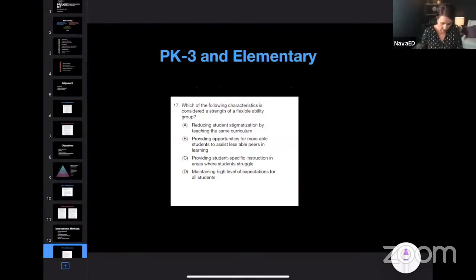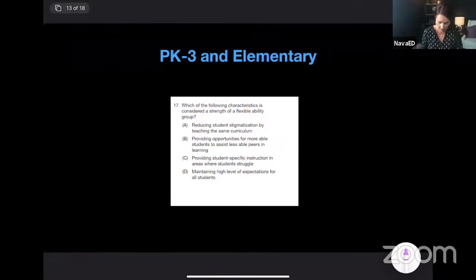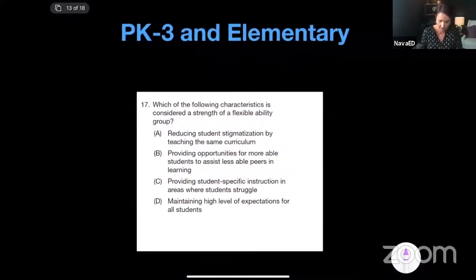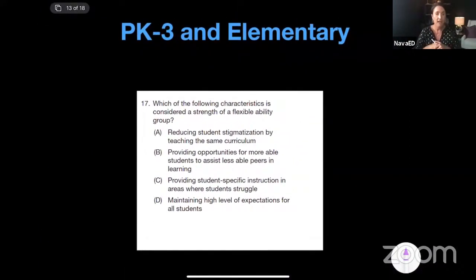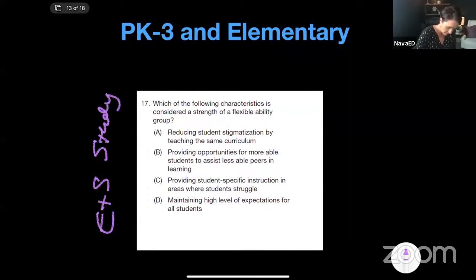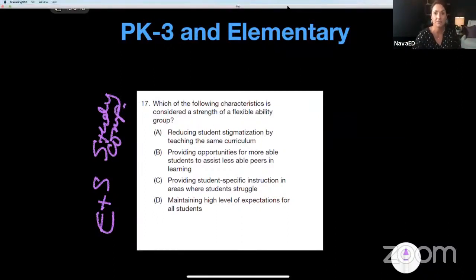So let's go to a question now. Let me zoom this in. All right. Look at the answer choices first. Try to get the right answer. Again, this is from the ETS Study Companion. Want to make sure I make that clear. And decide which one you think is correct. And I'll check the chat and see what you guys think.